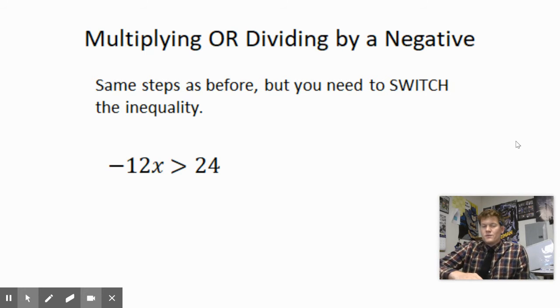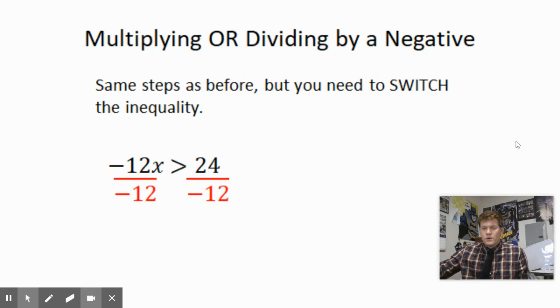Right now, you got negative 12x is greater than 24. What operation do you see going on? Well, negative 12 times x. So we do the opposite by dividing. When I divide that negative 12 on both sides, it switches that inequality symbol to now become less than. So we have x is less than negative 2.